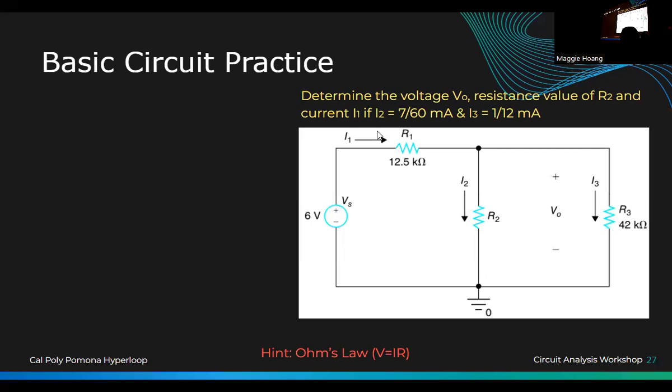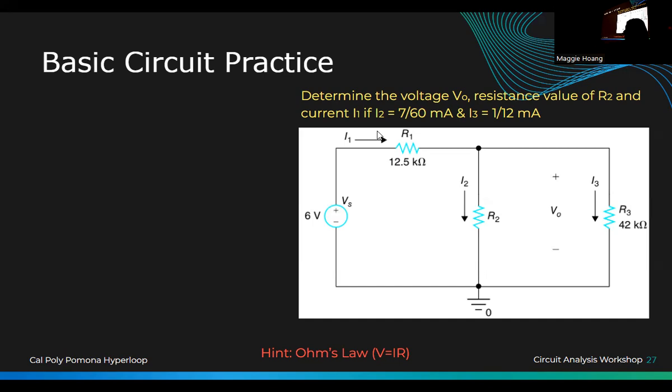The question says determine the voltage and resistor value of R2. So you're trying to find this voltage? Yeah, the resistor value of this, and the current I1. The current's given, okay.